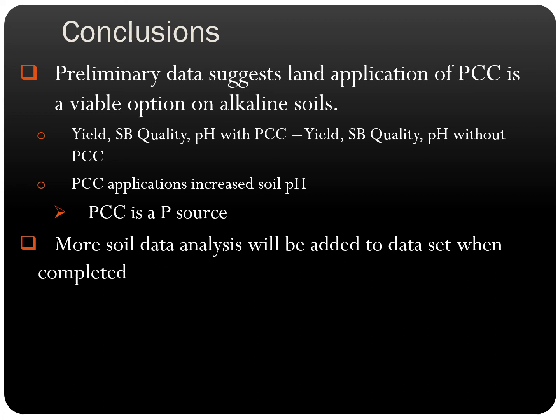The one thing that we did notice is that PCC is a very good phosphorus source, and that needs to be accounted for in your applications. And of course, we have more data that needs to be analyzed, more soil data we need to analyze to see if there's any potential negative or positive effects from the PCC application.